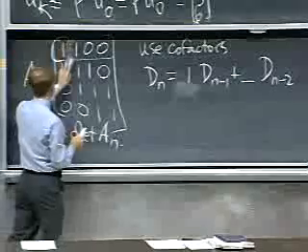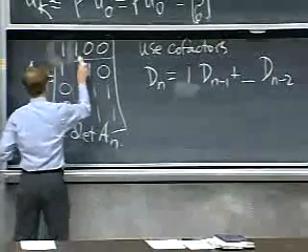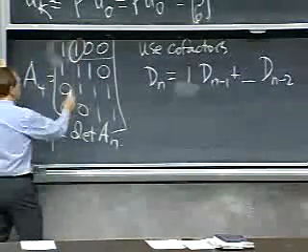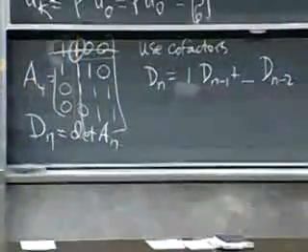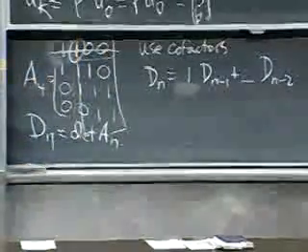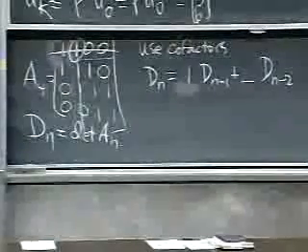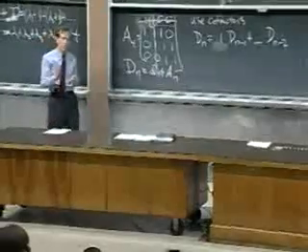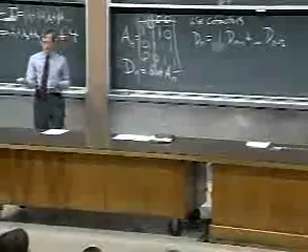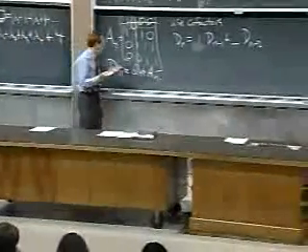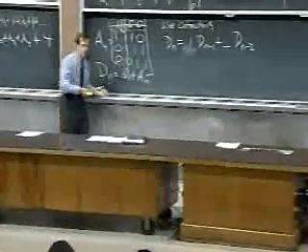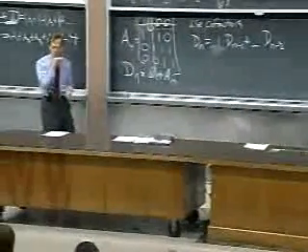Now the other cofactor term is this entry, which uses up row 1 and column 2. And what's surprising about that? When you use row 1 and column 2, that brings in a minus. The cofactor is this determinant times minus 1.